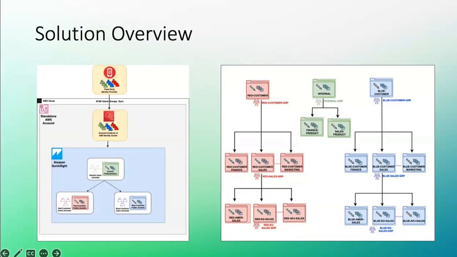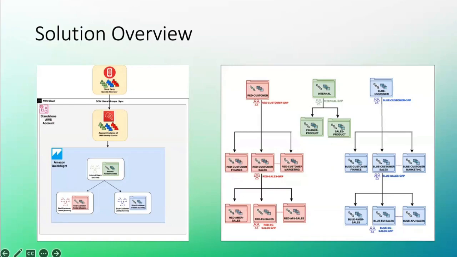We can also leverage here the roles, QuickSight authors, readers, and the admin roles. And for the end users, we are giving them QuickSight reader role access. And we have created a shared folder to seamlessly provide them access. So on the right side, you are seeing the folder hierarchies.